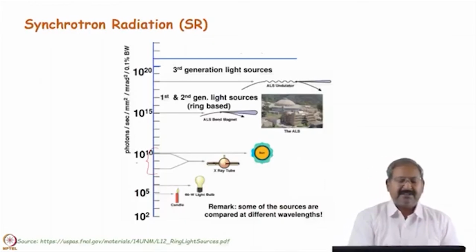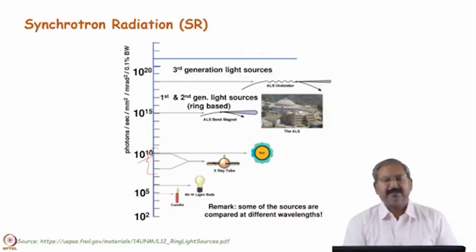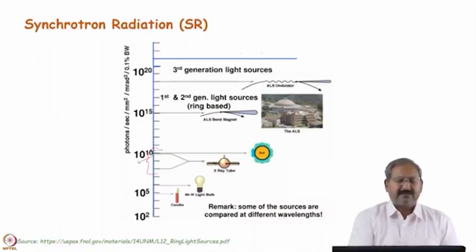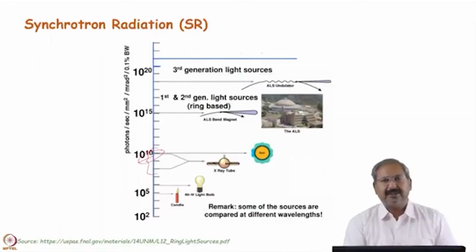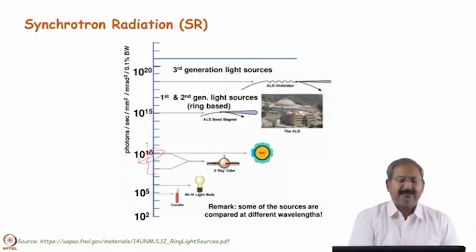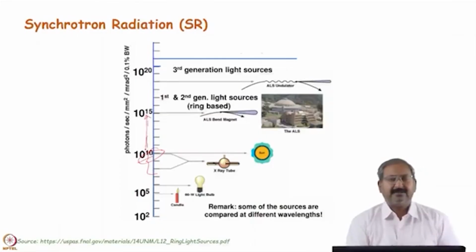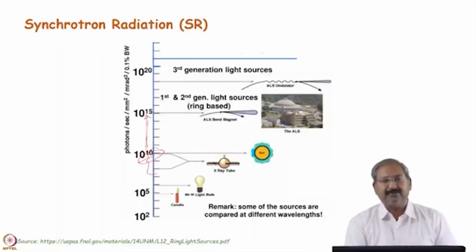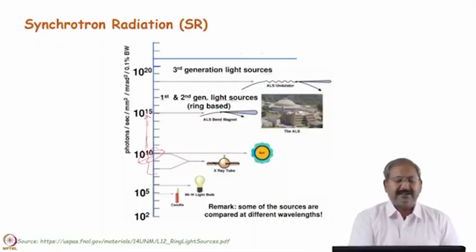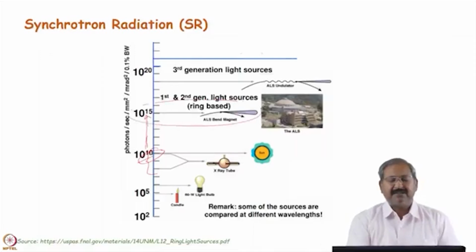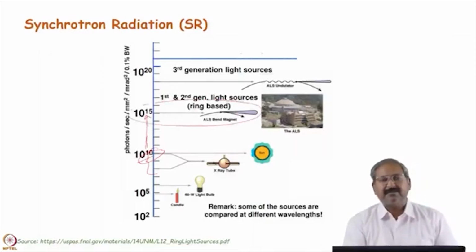Now you can see that 10^10 photons per second per solid angle in a certain bandwidth can be obtained using these X-ray tubes. This is the most powerful X-ray tube available, based on a rotating anode. And now you can see that 5 orders more, this is not only 5 times, 5 orders more radiated brightness can be obtained from the synchrotron radiation sources when we use radiation from the dipole magnet.